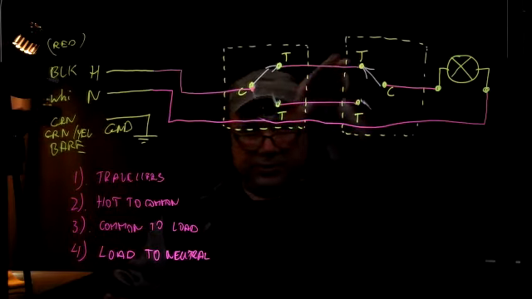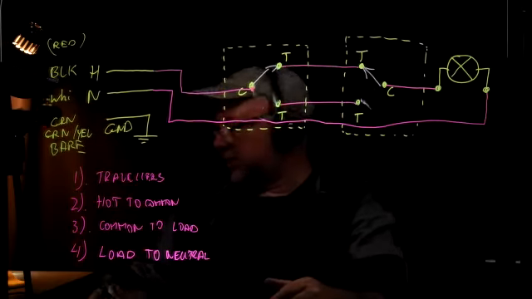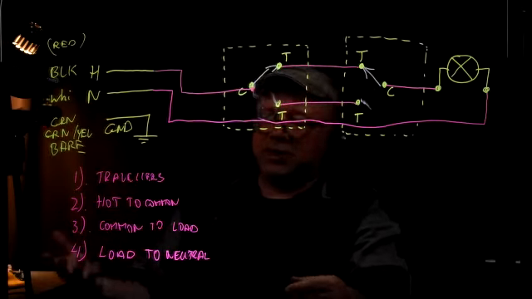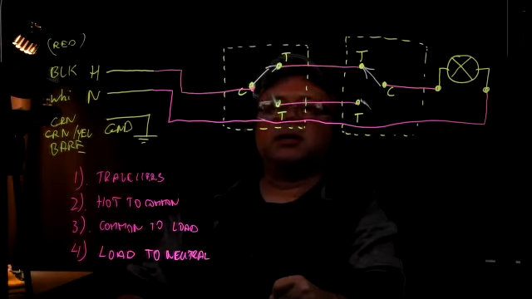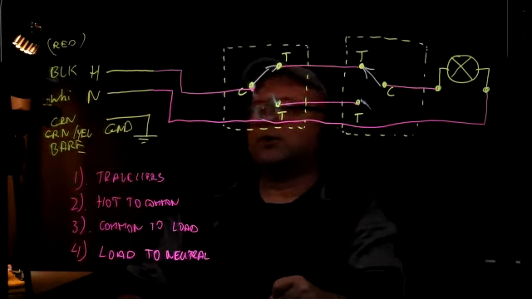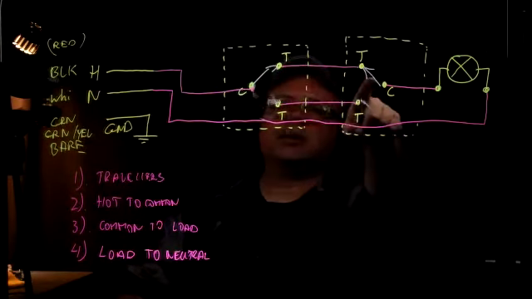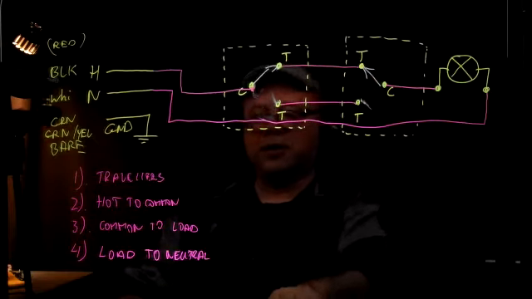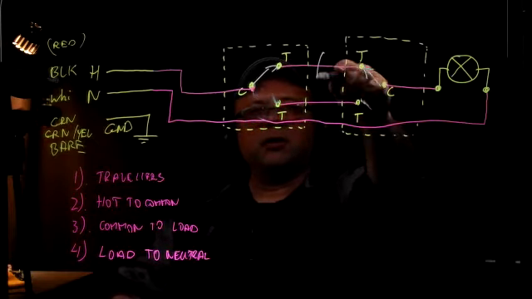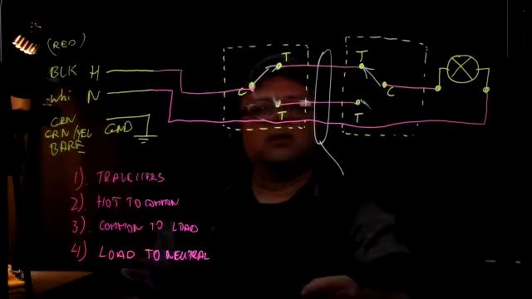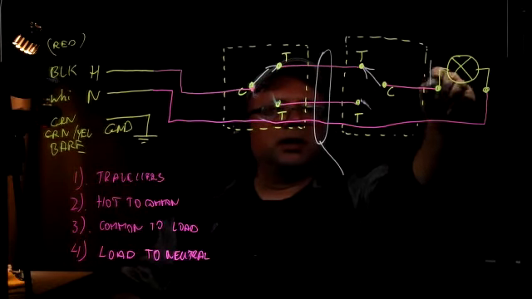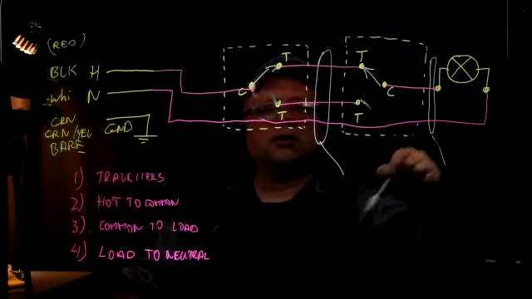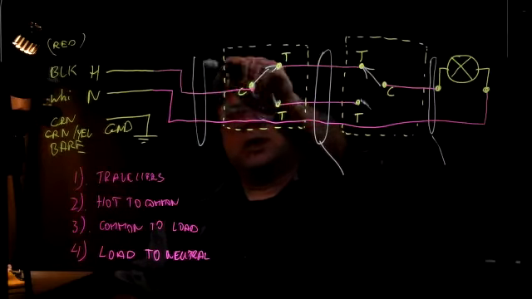Nothing wrong is going to happen physically. The system is still going to work. So you just connect one traveler to the other. This would be a conduit, this another conduit, and this another conduit right here.